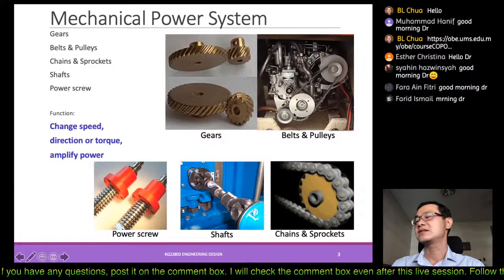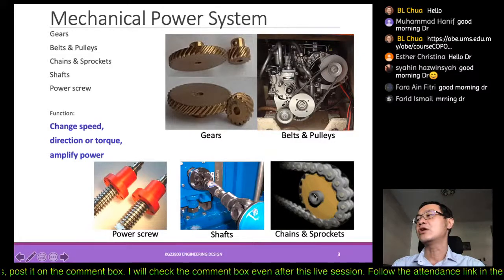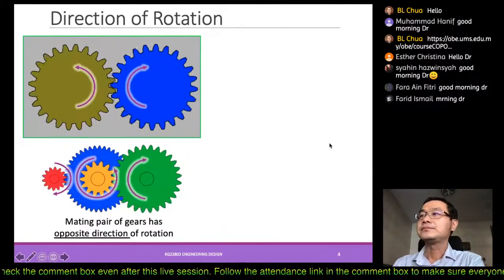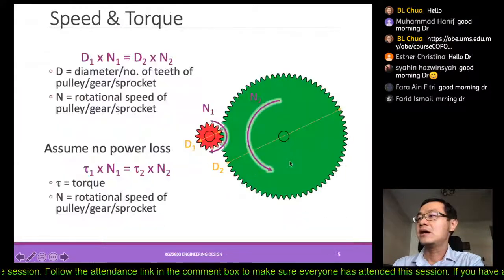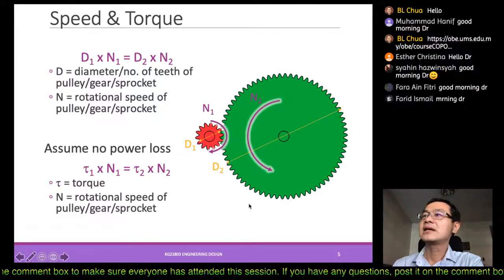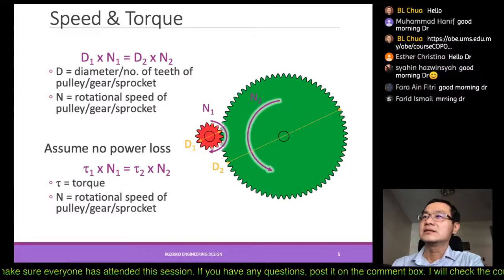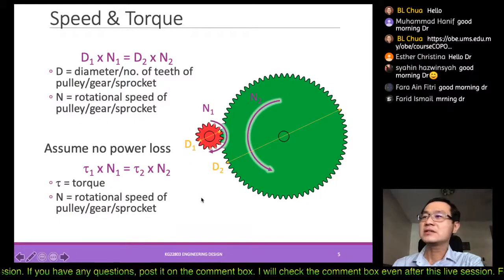These are the rotations, and then you can calculate the theoretical speed and torque accordingly when you know one of these.